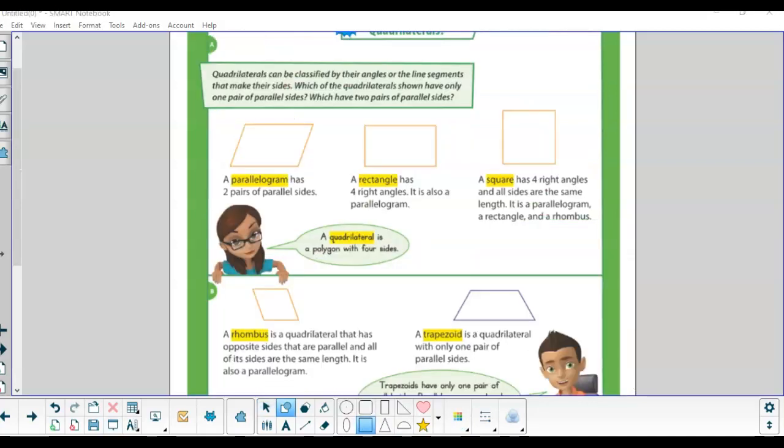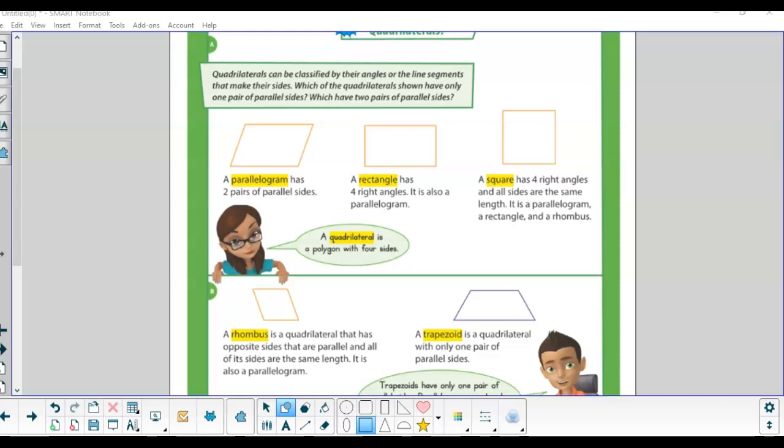Okay, so let's talk about this. I know it's super weird and confusing when we say, well, a square is also a parallelogram, and a rectangle and a rhombus, and a rectangle is actually also a parallelogram. So here's how I try to think about it. I look at parallelogram. Parallelogram says it has two pairs of parallel sides.